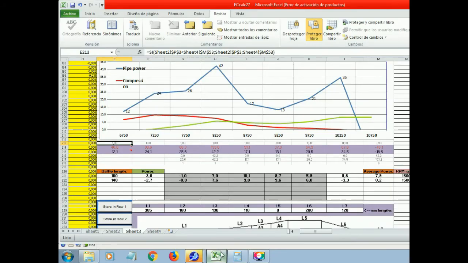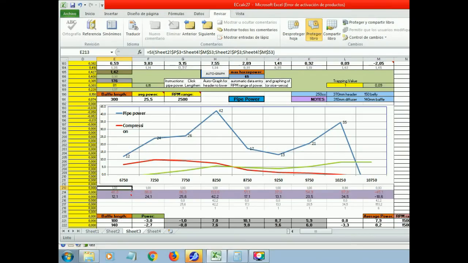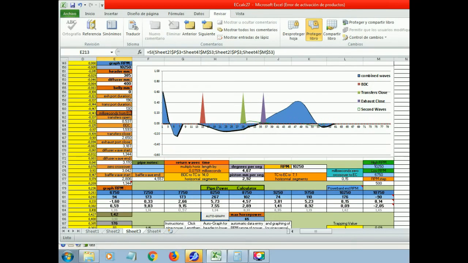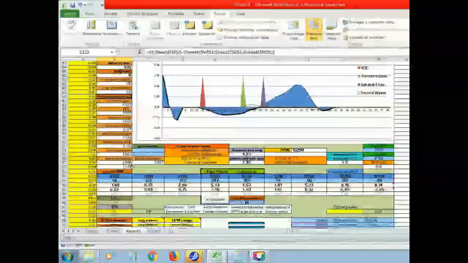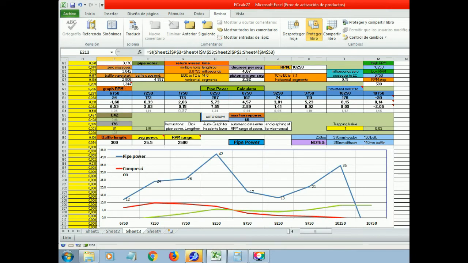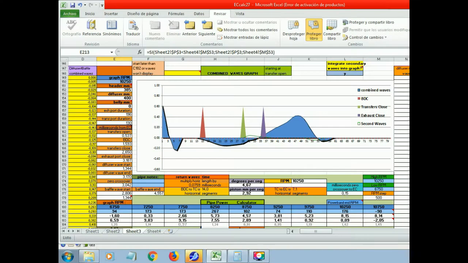Whoops, lost it again. We've got a big dip of power right in the middle. I would like to look at it at 9,000, but on sheet 3, if you look at any number other than the specified ones here, it won't include the secondary waves.